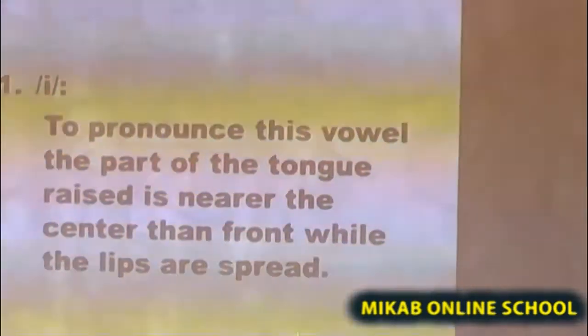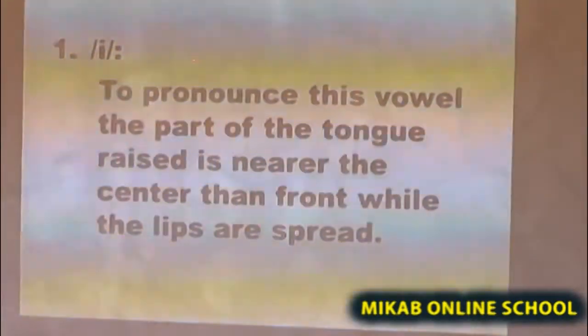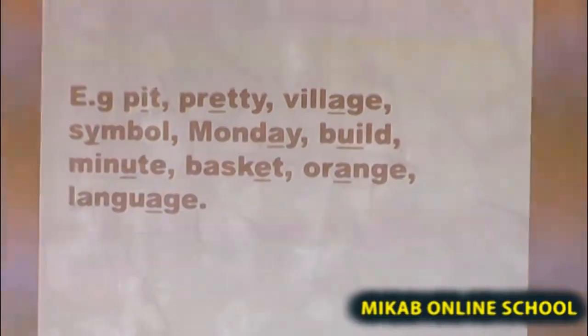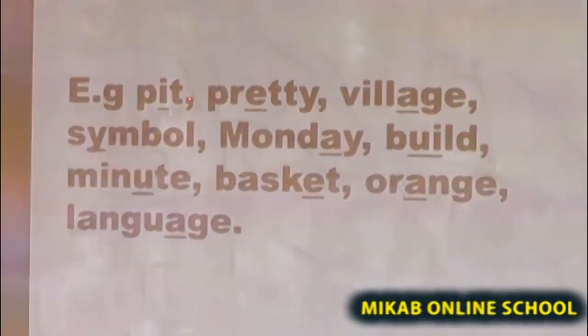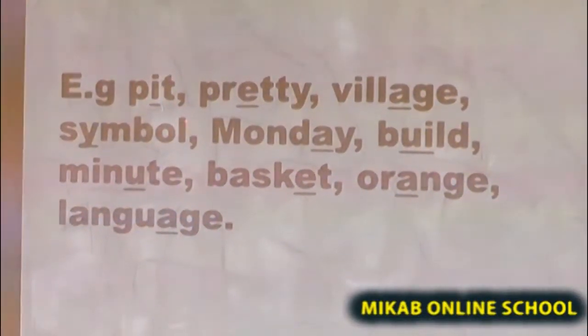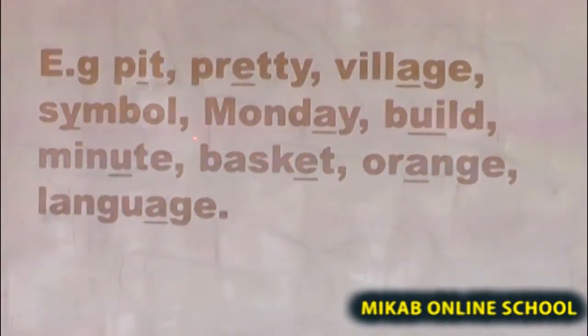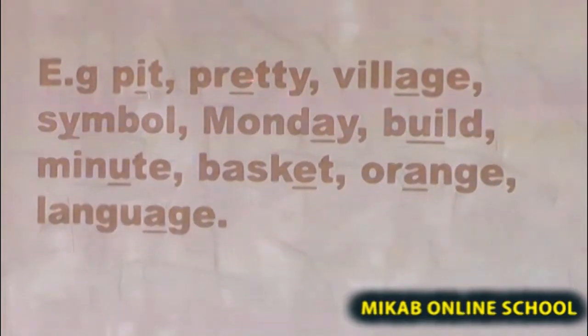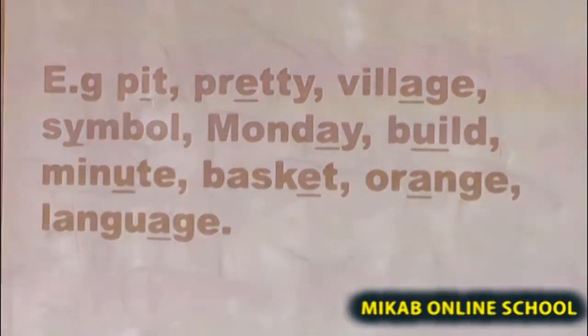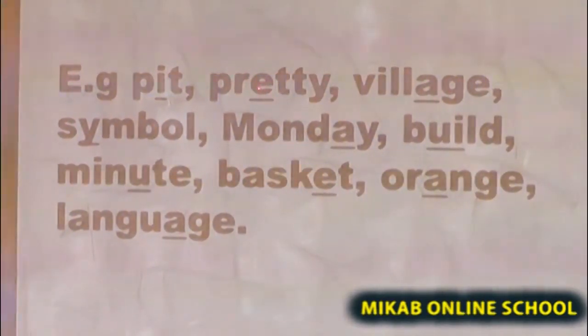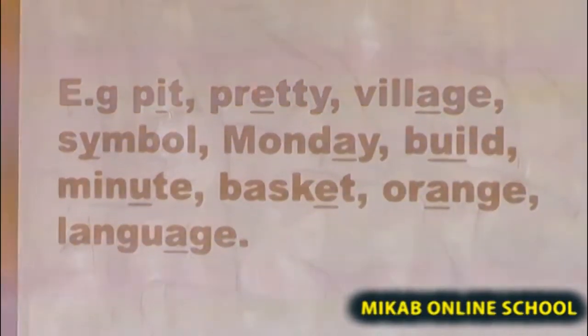Then let's look at the examples of this symbol. Number 1, we have pit. The second one is pronounced as pretty. Pretty is not pronounced with the usual E, the letter E there is pronounced as /ɪ/.